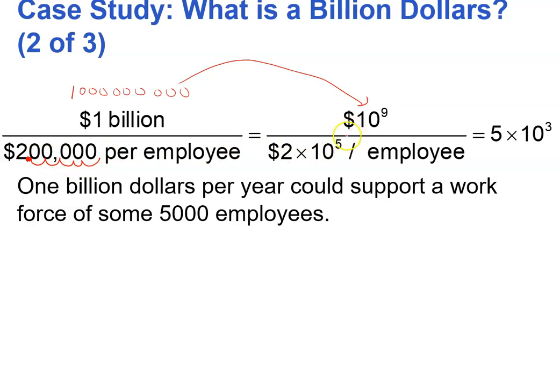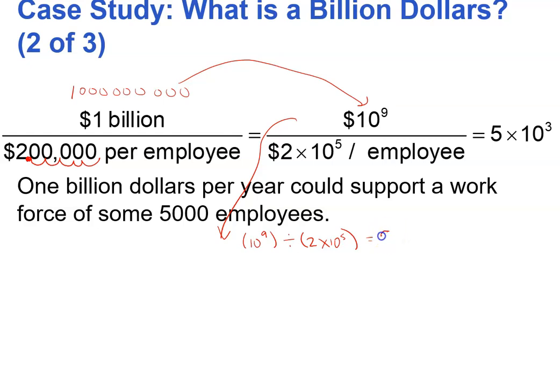Okay, and so now we can do 10 to the 9th divided by 2 times 10 to the 5th. If you're typing this in the calculator, it would probably be best to do 10 to the 9th in parentheses divided by, to make sure you're dividing by this whole thing, 2 times 10 to the 5th.